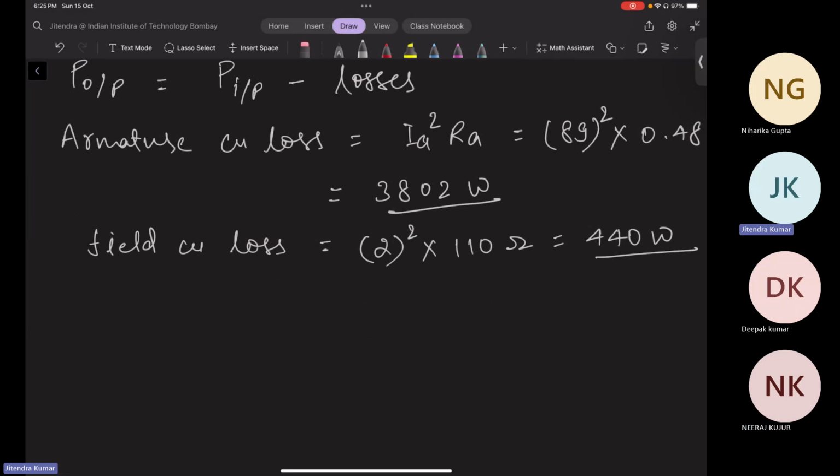Now, the last part is the no load losses, right? So no load rotational and magnetic losses. So it will remain the same, 1530.